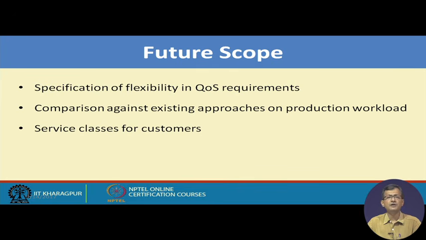There are several future scopes, especially for research. One is specifying flexibility in the user QoS requirement, that is, whether we can make the QoS requirement flexible. Another is comparison with existing approaches on production workload, that is, on a live workload, comparing several classes of customers.